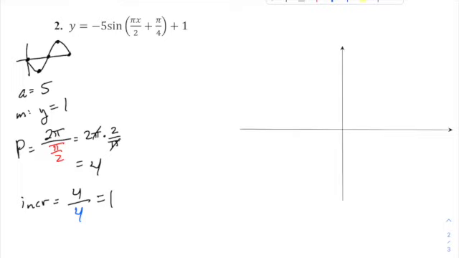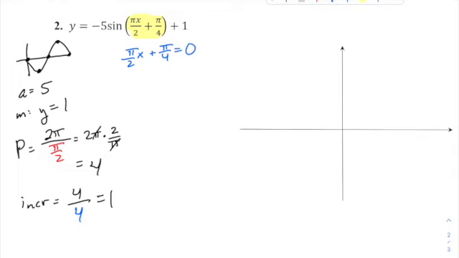I know the total period is 4, but let's find when that cycle starts. Where do we start this negative sine cycle? So here's where we're going to grab this whole inside. This is what I think is the easiest way to do it. I'm going to grab that whole inside, and you see this time that pi over 2 comes right along with the x since it's not factored out.